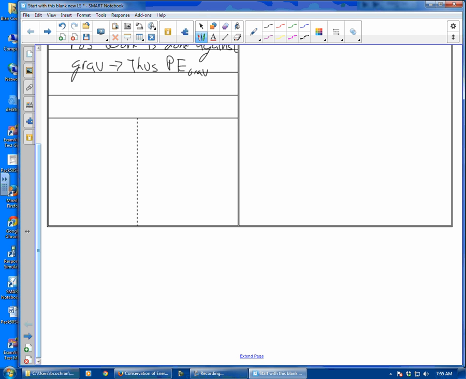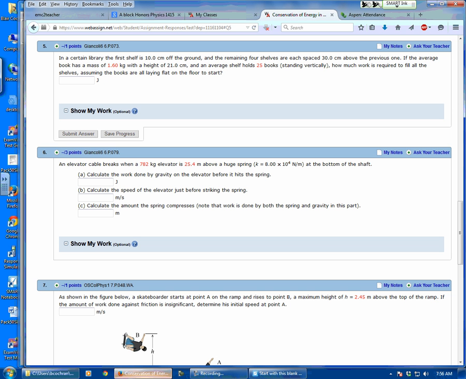And the details of this problem are that if we take this bottom line here as the floor, our first shelf is here at 0.1 meters up. Our next one is at 0.4 meters. Our next one, let's make sure, spaced 30 centimeters.